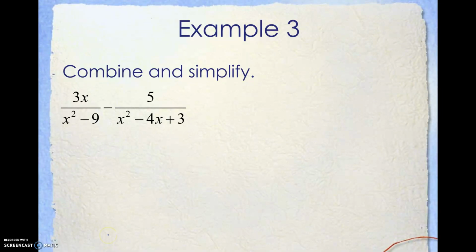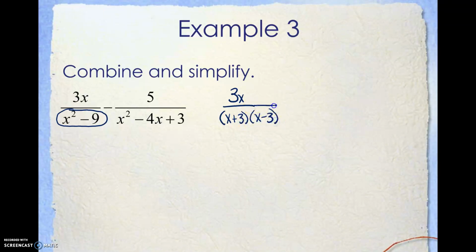All right. On example 3, we have a little bit more work to do. We've got 3x over. Can this be factored? Yes, it factors into x plus 3, x minus 3. Again, I see subtraction. Attach that subtraction to your next one.